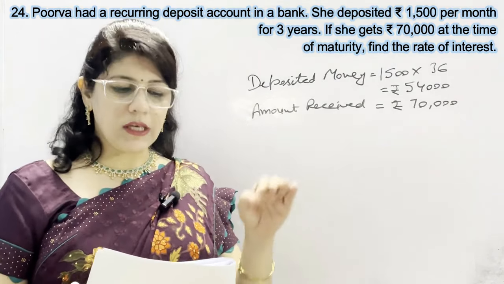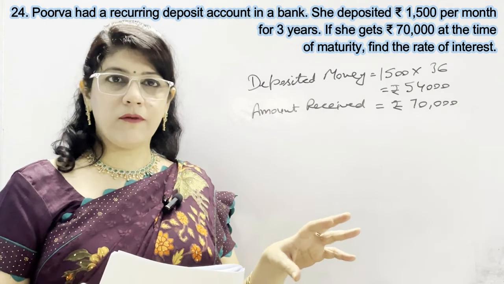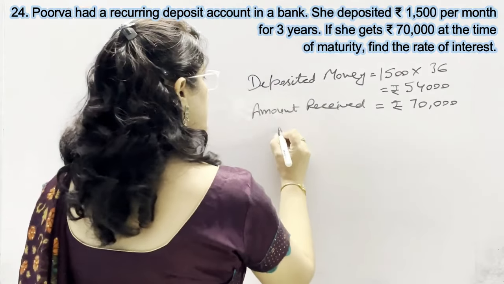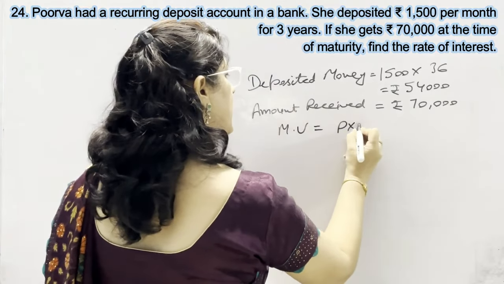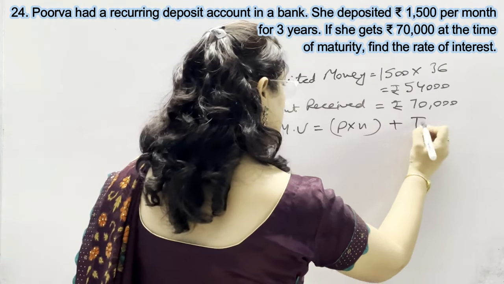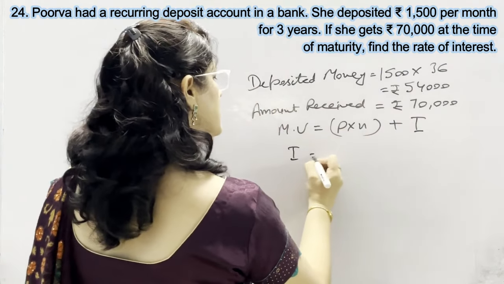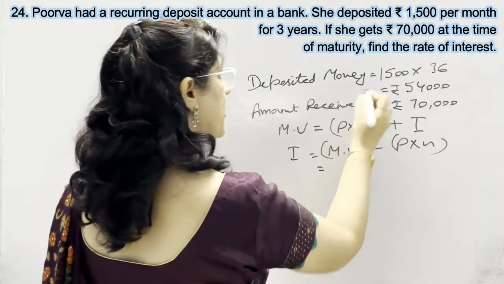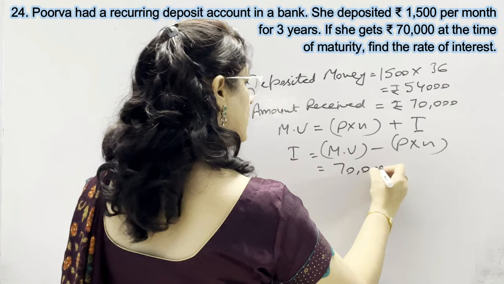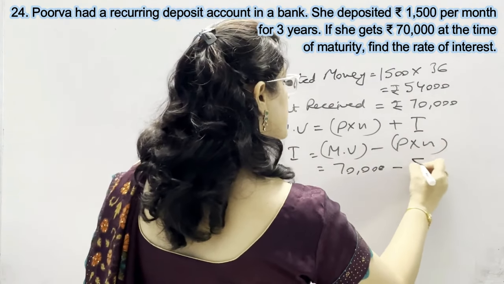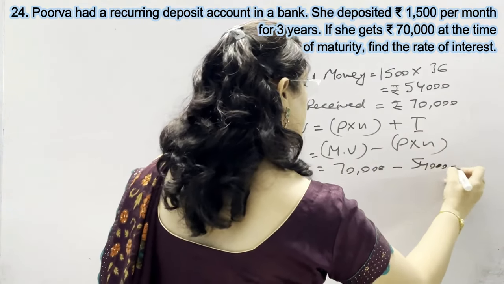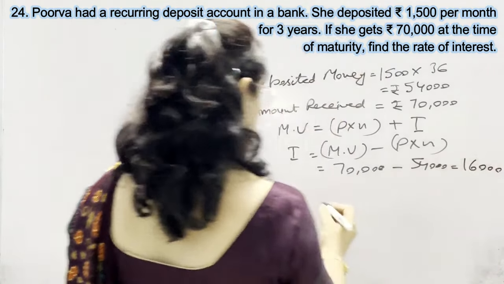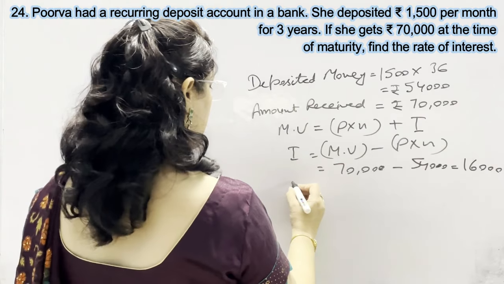For making the calculation easy, we just need to calculate with the formula of interest only, and we know the formula that maturity value is equal to P into N plus I. So I is maturity value minus P into N. Now maturity value is 70,000 minus P into N is 54,000. So minus, it means 16,000. Now we can simply apply the formula for interest.